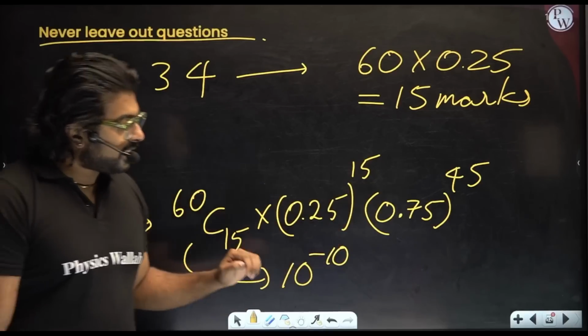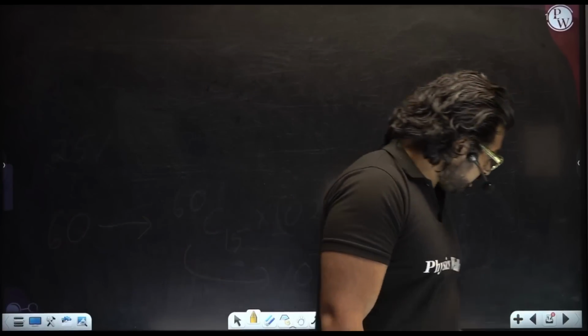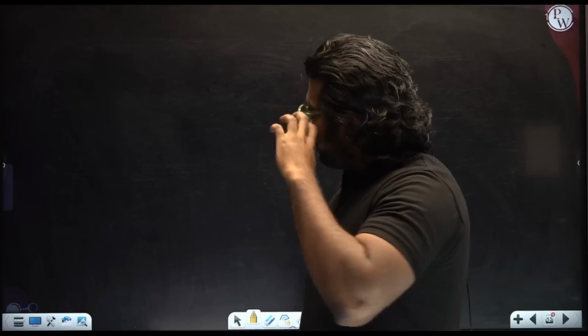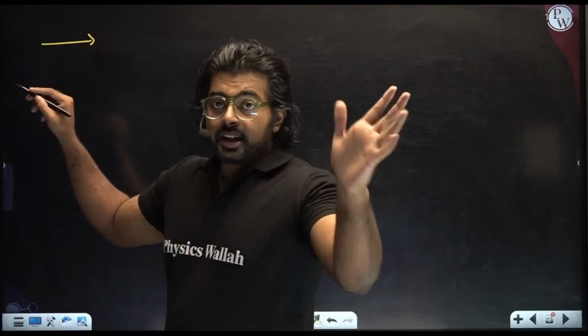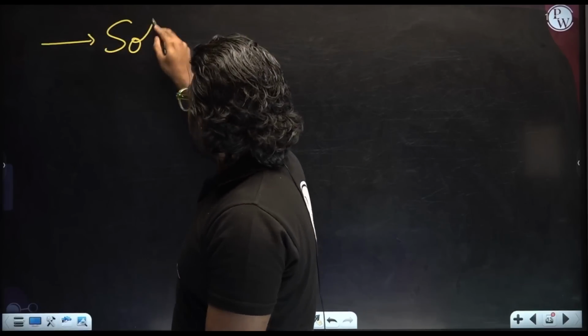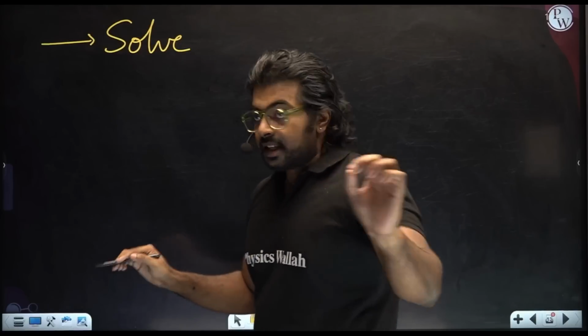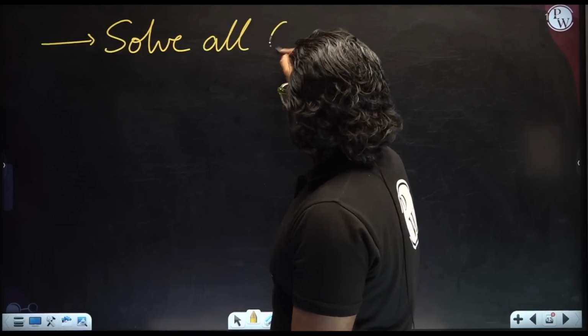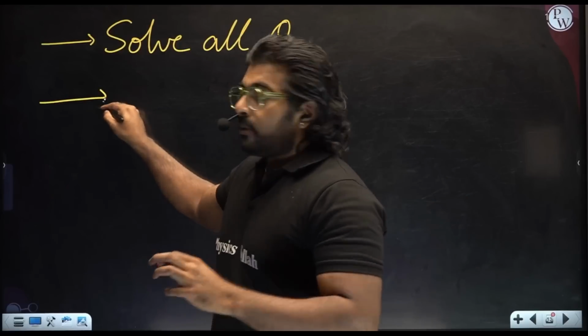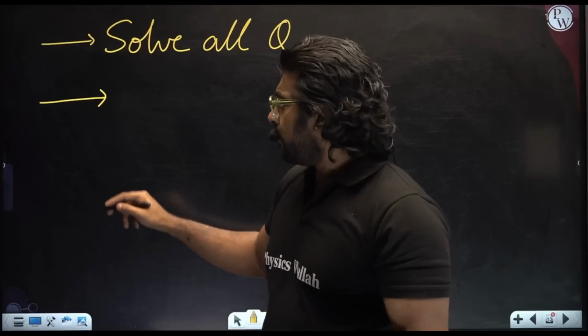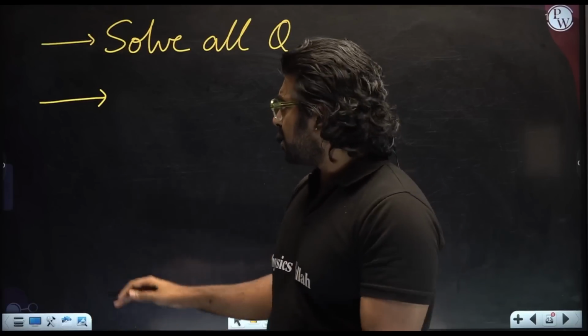So that is one trick that I use. What I'd suggest is, my method for your exam will be, first solve all the questions that you know, all questions that is possible by you. And now there will be some questions, 10 questions, 15 questions, 20 questions, 2 questions, 1 question, it doesn't matter.